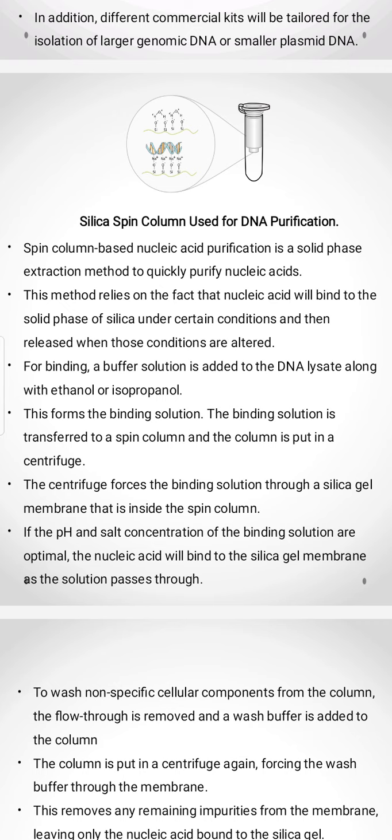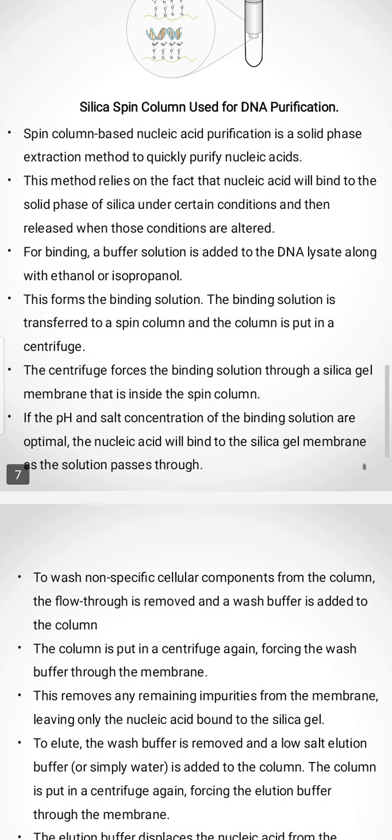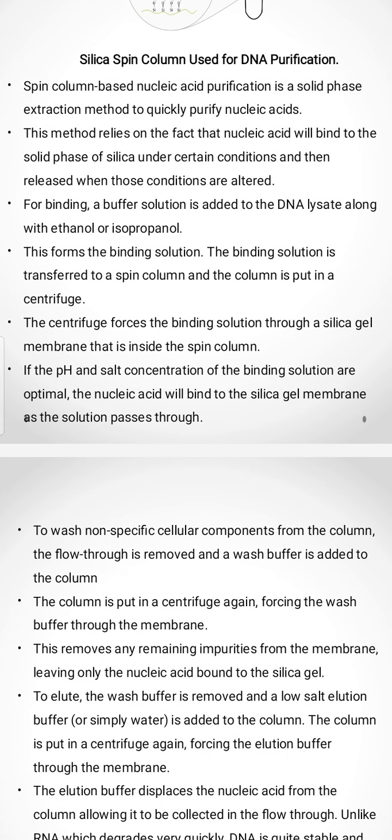This method relies on the fact that nucleic acid will bind to the solid phase of silica under certain conditions and then be released when those conditions are altered. For binding, a buffer solution is added to the DNA lysate along with ethanol or isopropanol. This forms the binding solution.